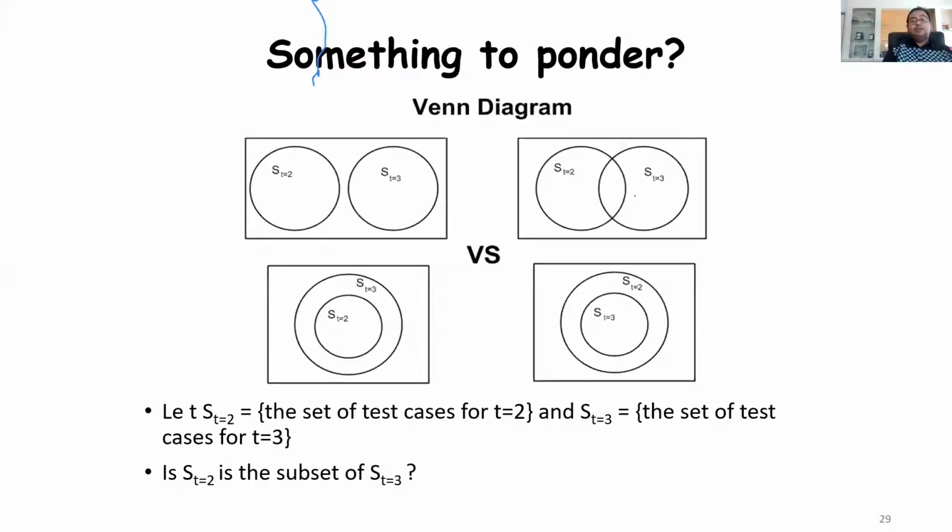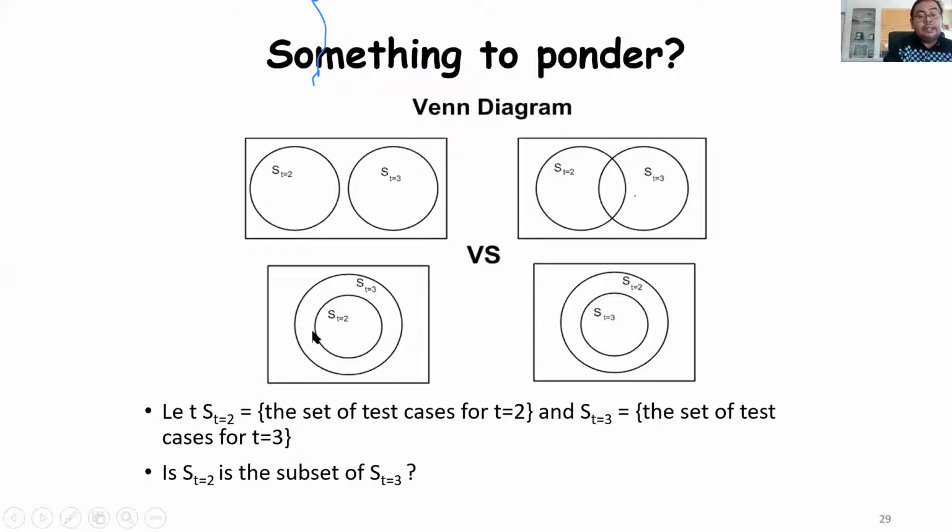Now, something to ponder, if you look at the Venn diagram, if you have a set of test cases represented by t equal to 2, and a set of test cases represented by t equal to 3, which one is actually the right one? Can T3 cover T2, or can T2 cover T3, or are they having some overlapping values of test cases?